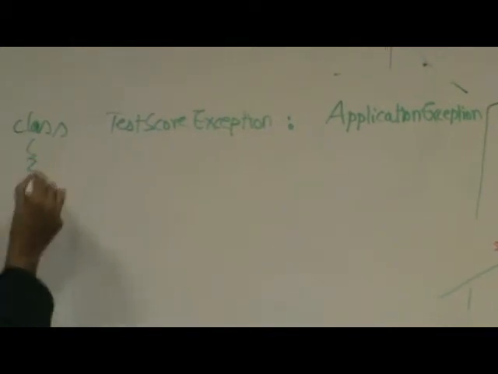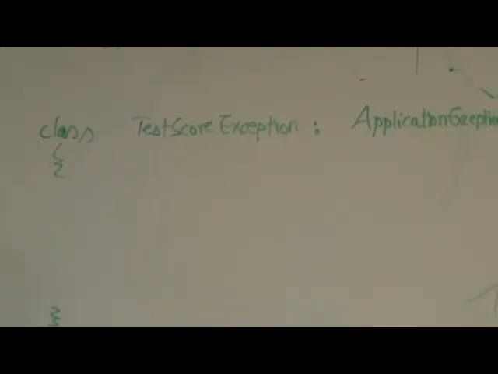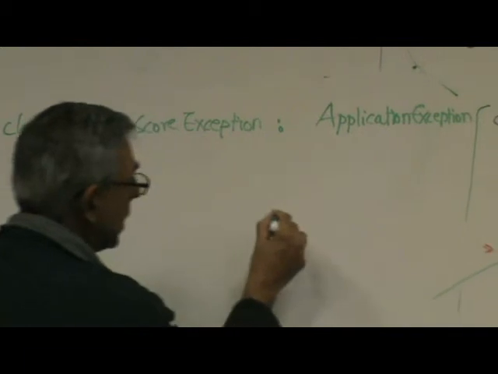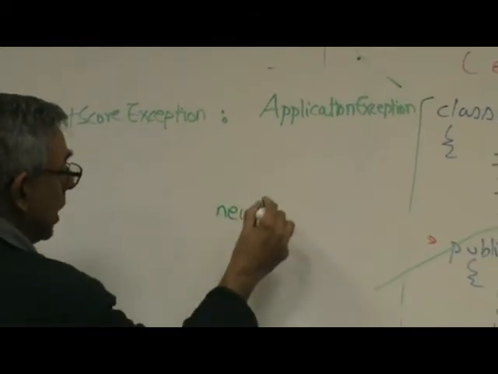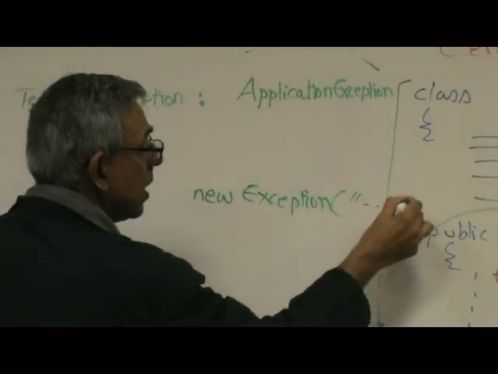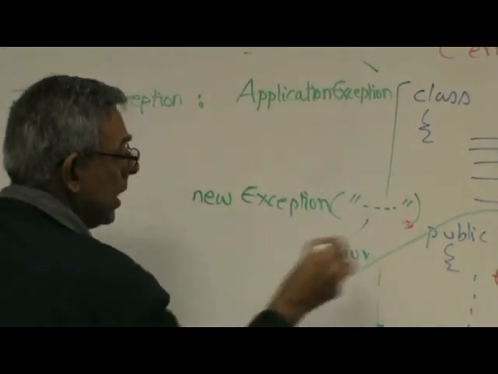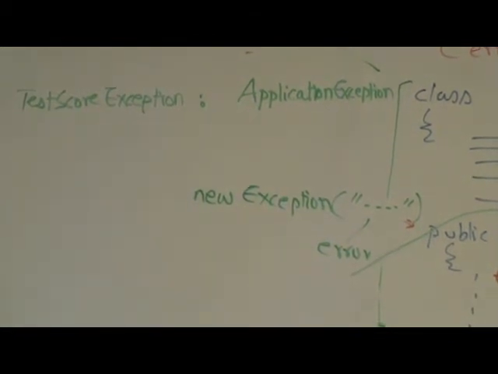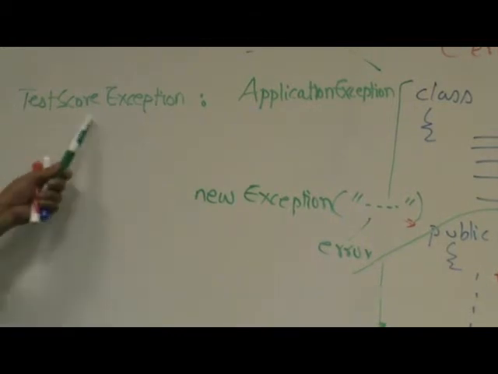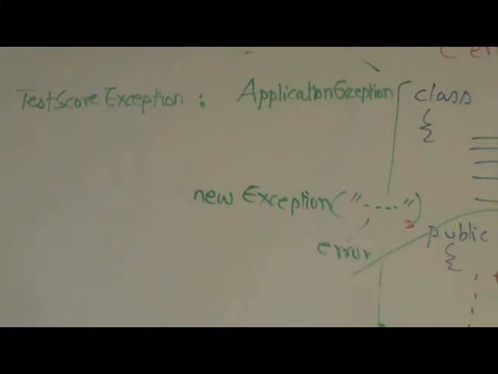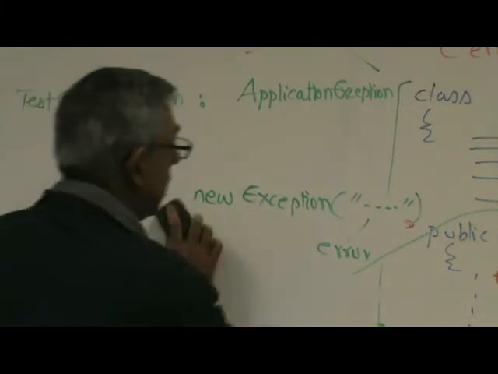Remember, whenever I say, for example, throw new exception, in the constructor, what do we specify? Some kind of error message, right? And the constructors are not inherited in C#. So anytime you inherit something from some other class, make sure you provide your own constructor.